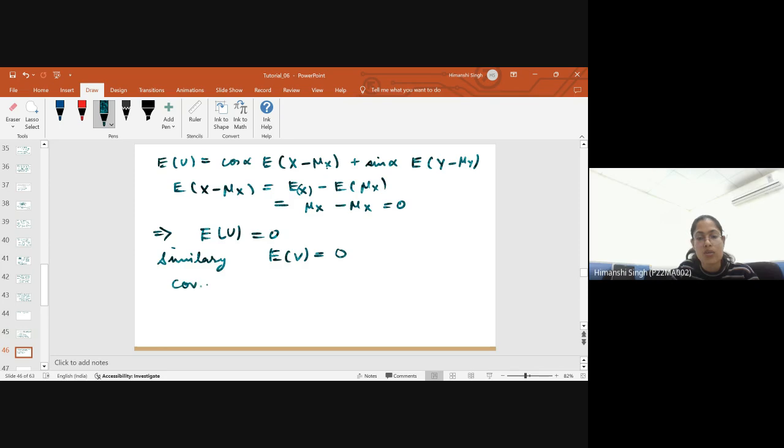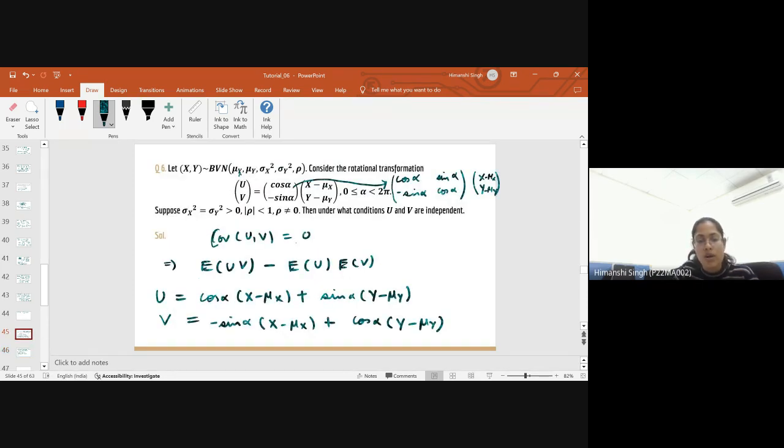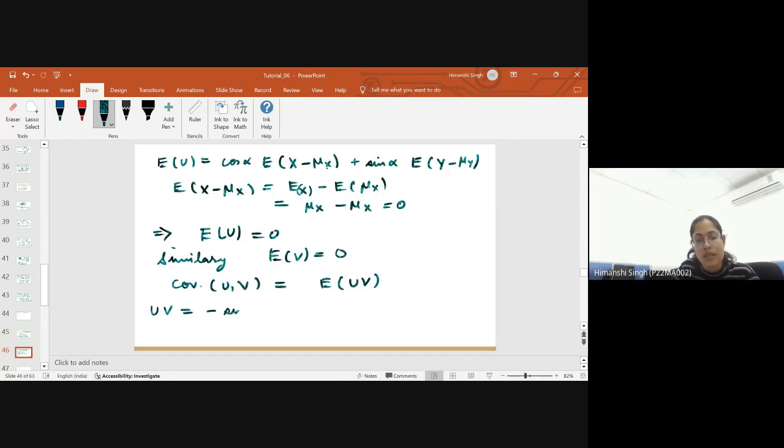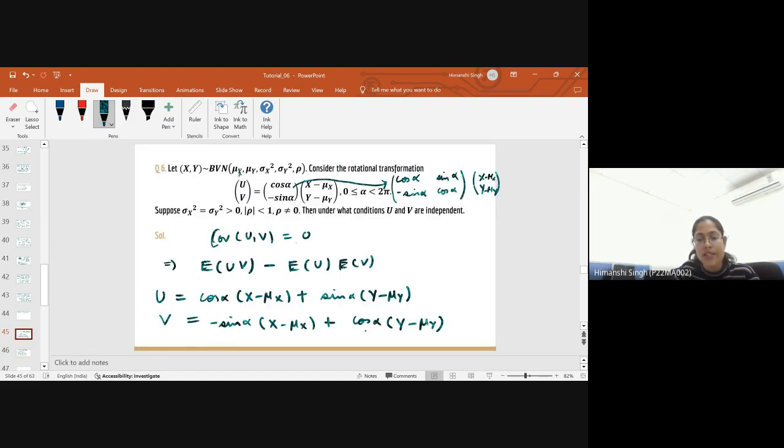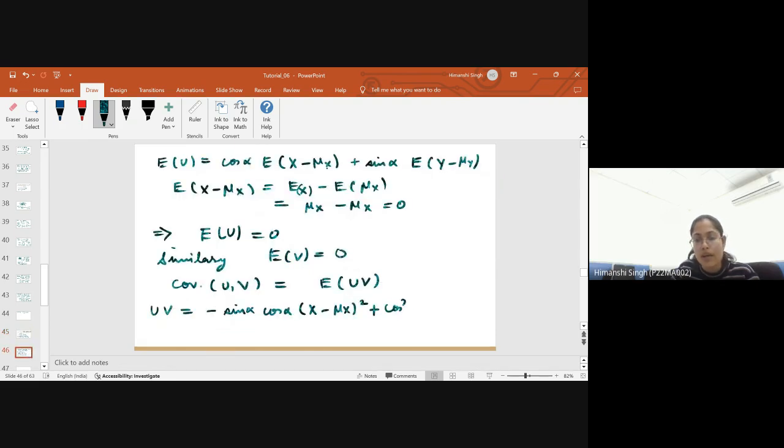So now covariance between u and v will be nothing but expected value of u into v. So for that we should first find what is u into v. So it will be the multiplication. So that is cos alpha into sin alpha minus, so minus sin alpha cos alpha into x minus mu x whole square plus, so cos alpha into cos alpha, that is cos square alpha into x minus mu x into y minus mu y.